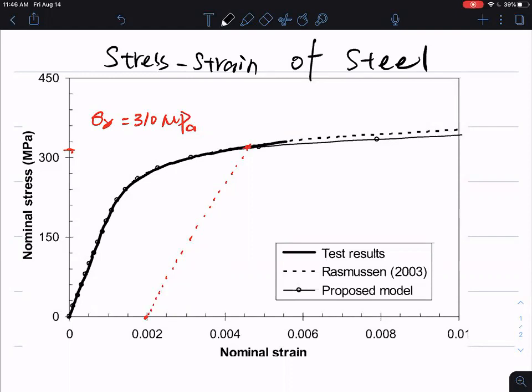Got it? Okay. What's the answer? 1.0015 meters. Why is that? Anybody know how to do that?